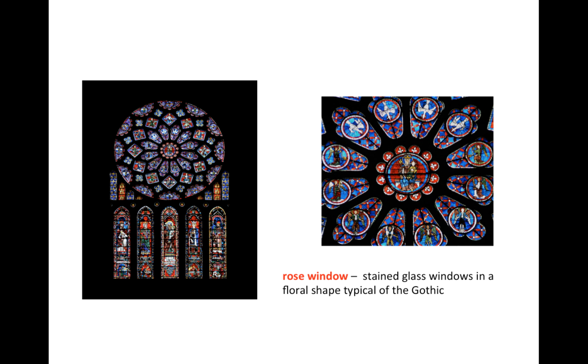And the small lancet windows on either side of the main rose window would indicate who the patron was. In this case, it's Queen Blanche of Castile, who was originally from the Castilian region of Spain before marrying into the French royal family and becoming the mother of Saint Louis.